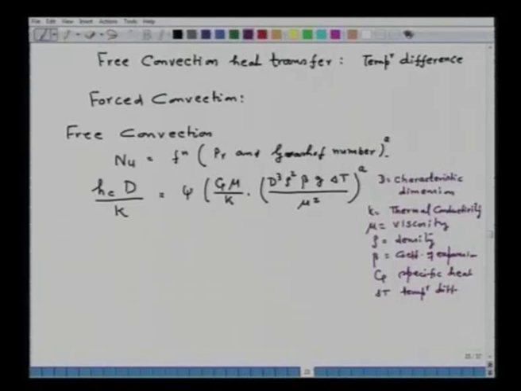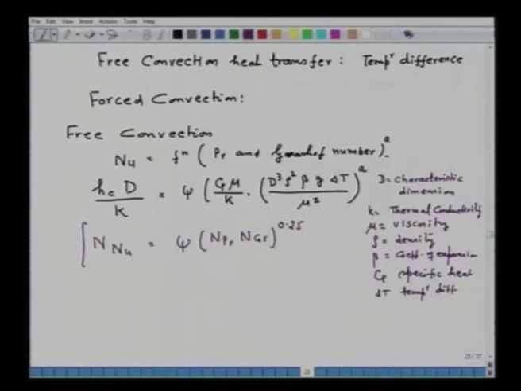So, there are different types of correlations available. The one which I will be using for solving some of the problems based on free or forced convection heat transfer is Nu = Z (Pr Gr) raised to 0.25.